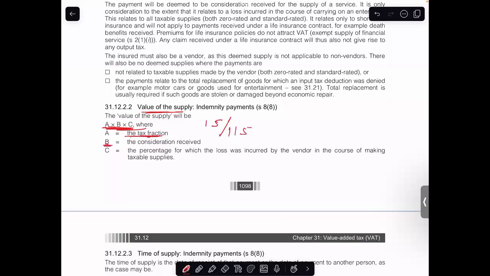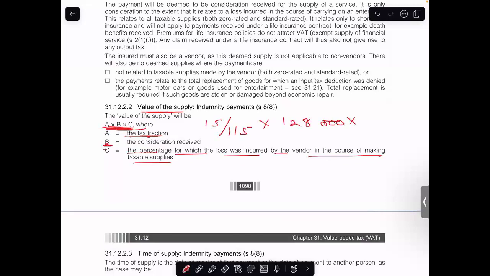Then B, the consideration, which is the amount you are going to receive from the insurance company. In our question, there is 128. Then times C, which is the percentage for which the loss was incurred by the vendor in the course of making taxable supply.